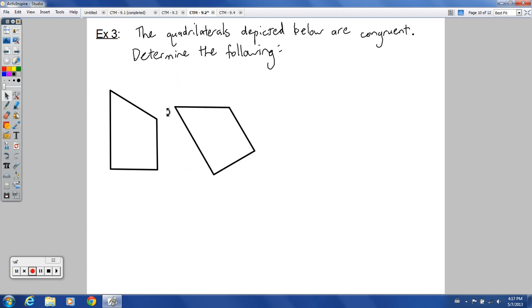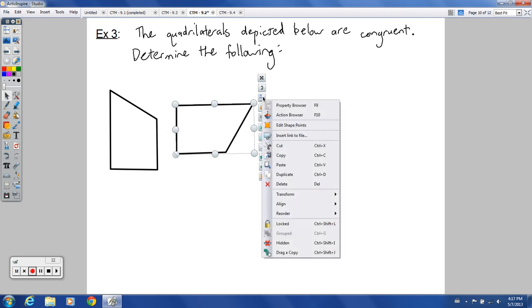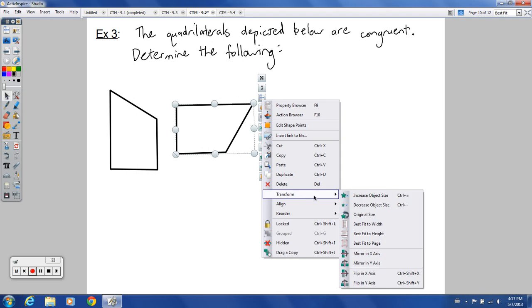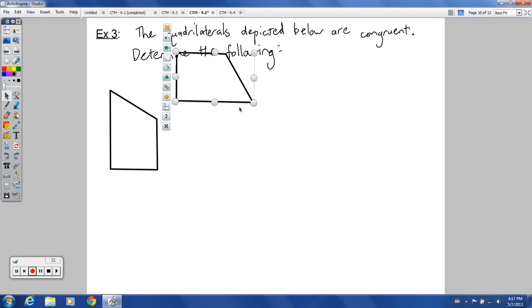I'm going to rotate it around, and also flip it. So you can draw this one, but don't draw this one quite yet. There we go, mirror that, delete that one.